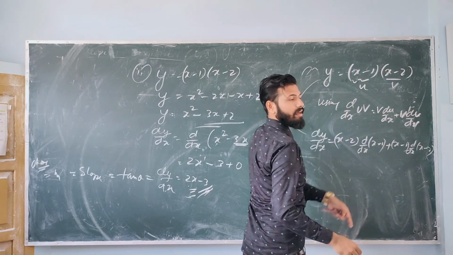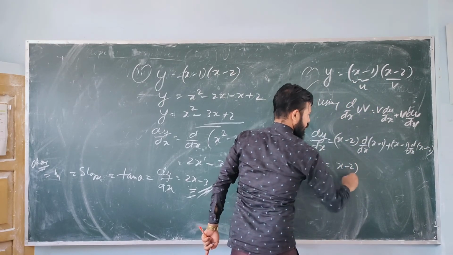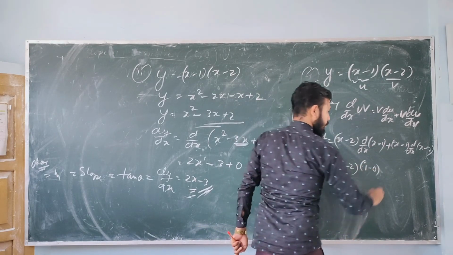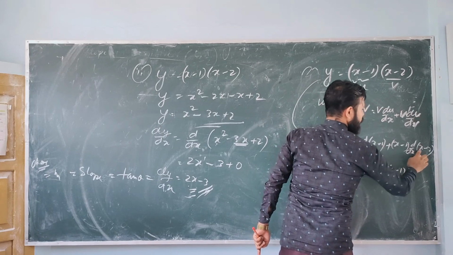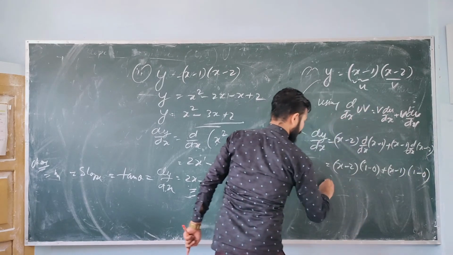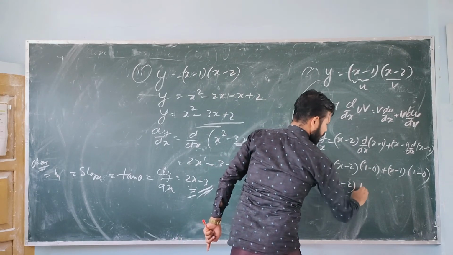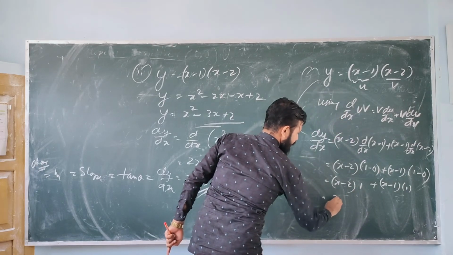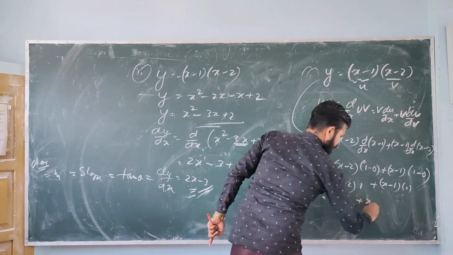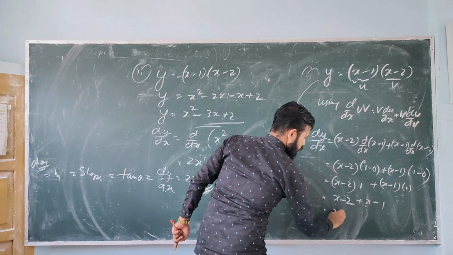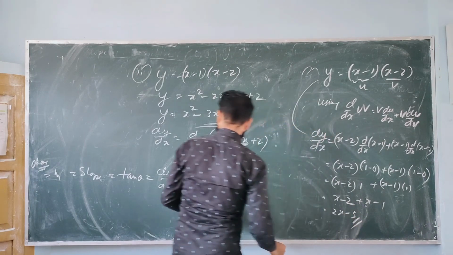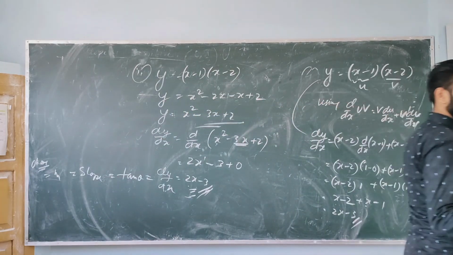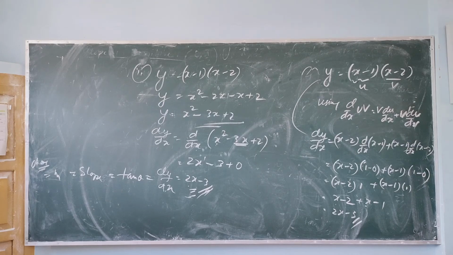The derivative of x minus 2 is 1 minus 0, so 1, plus x minus 1 times the derivative of x minus 2, which is again 1. So x minus 2 plus x minus 1 gives 2x minus 3. Same answer. Whatever formula you apply, you get the same answer.